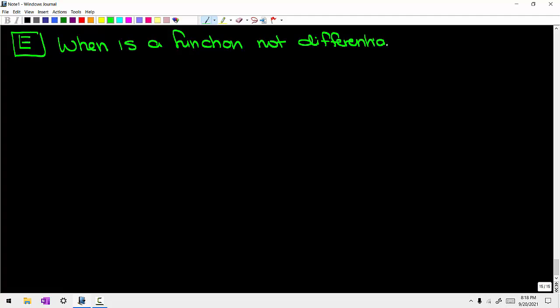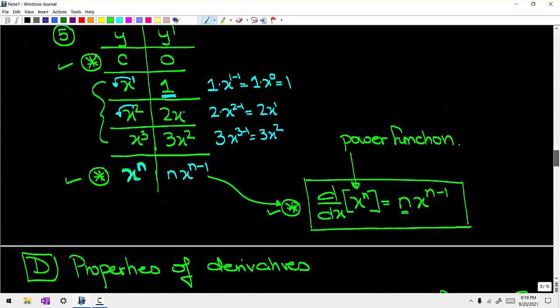Differentiable at some x is equal to a at some point. Well, that would happen two ways. Actually, it can happen four different ways, but the two ways I'm talking about is where this limit does not exist.